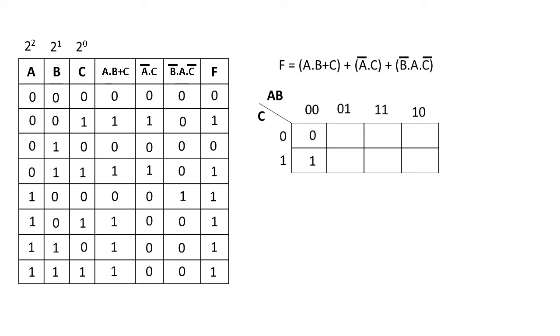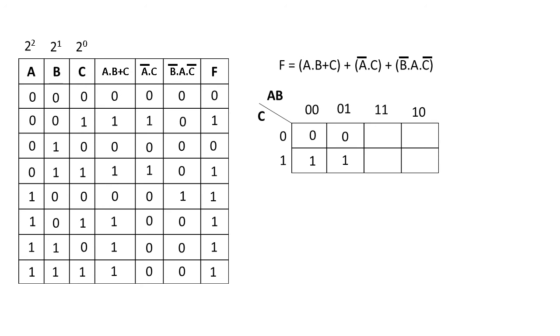Observe the third row 0 1 0, the function value is 0. Now the fourth row, 0 1 1, and the function value is 1. Where do we find 0 1 1? A0, B1 and C is also 1, and the function value that we have kept here is 1.